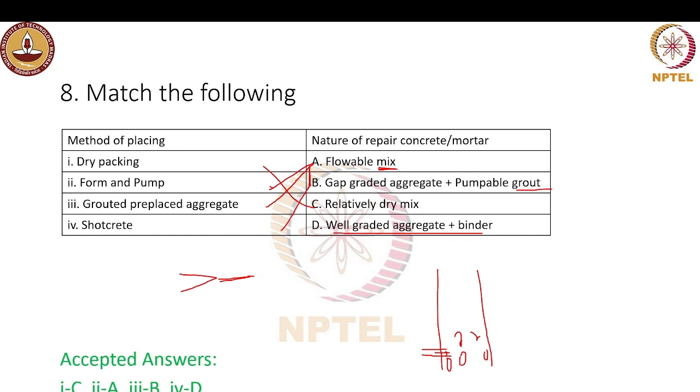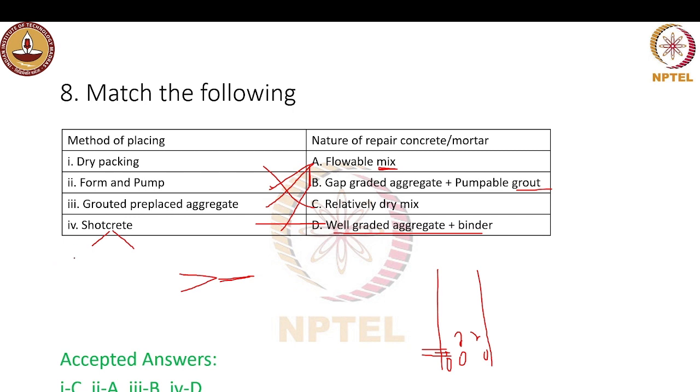See, a pumpable mix should be there for every case. But if we go by these options only, for shotcreting the well graded aggregates and binder will be the most suitable. Why? We have two types of shotcreting. I think you guys have not read about it as of now.